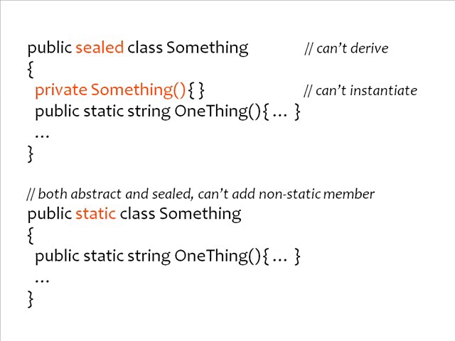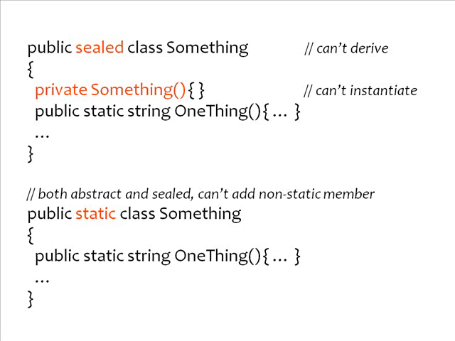In the bottom half of the screen, we have the static class that's introduced with C# 2.0. So we use the static keyword on class, and if you take a look at the IL that gets generated, this marks that class as both abstract and sealed.